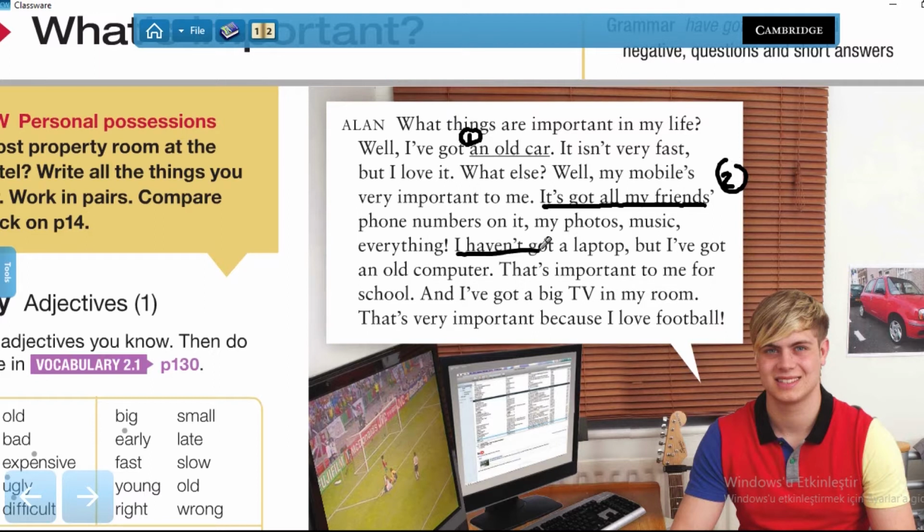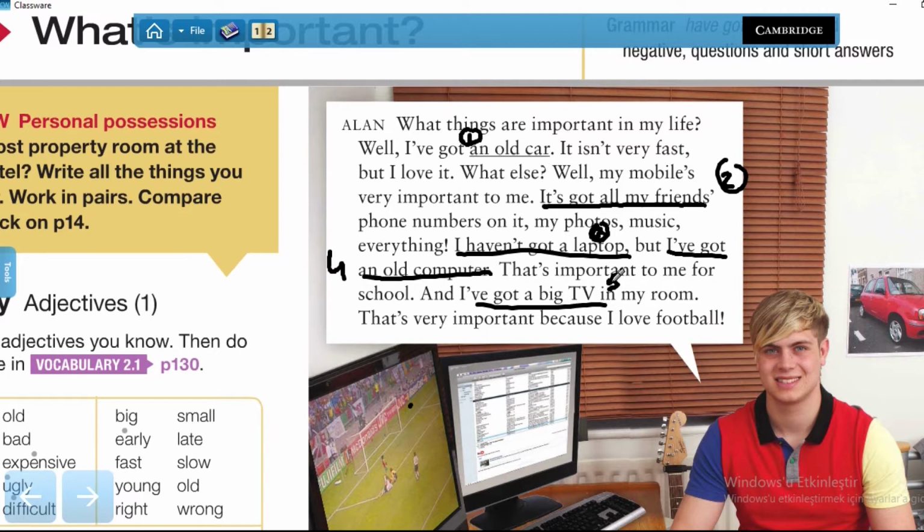I haven't got a laptop. That's number three. But I've got an old computer. That's the positive form. That's number four. That's important to me for school. And I've got a big TV in my room. That's number five. So here we have positive and negative forms.